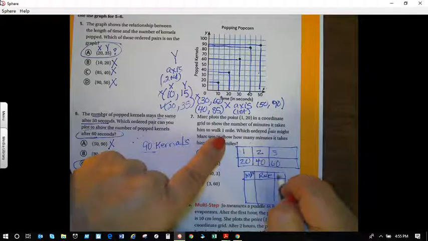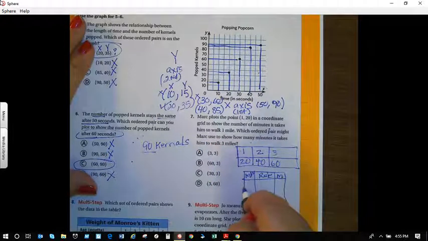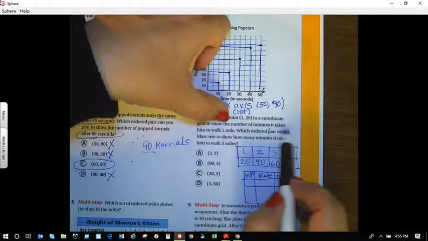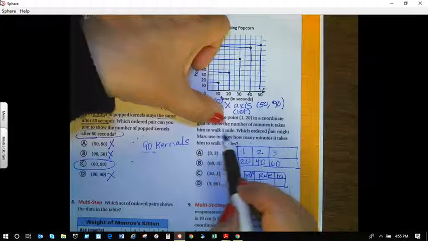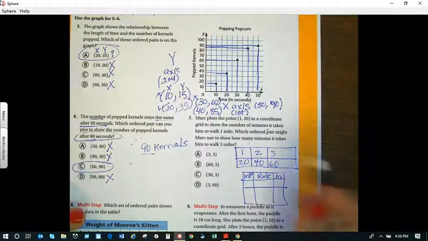And this is mile. So Marco plots the point 1, 20 in a coordinate grid to show the number of minutes it takes him to walk 1 mile. Which ordered pair might Marco use to show how many minutes it takes him to walk 3 miles?